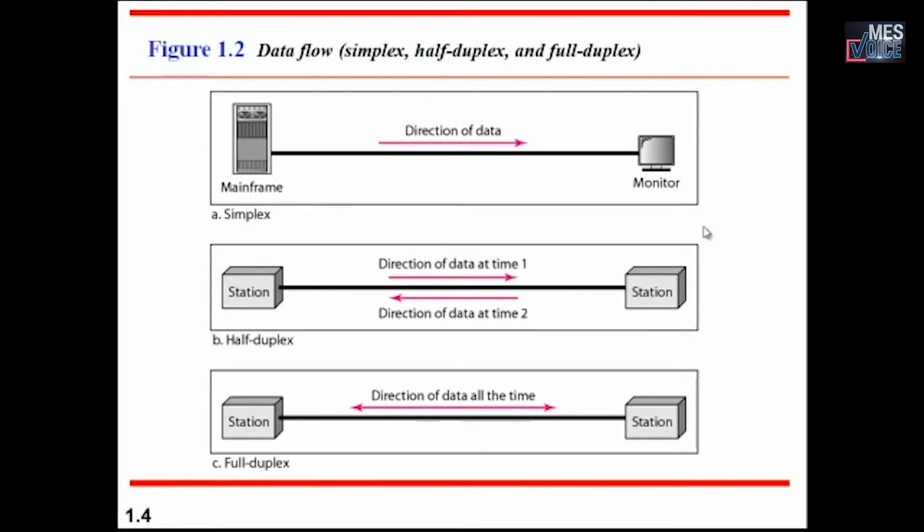So in half duplex data transmission, the data flow is possible, but at any particular point of time, the direction of data will be in one way. And in full duplex, without any restrictions, both the parties can transfer the data in either direction, as in telephone communications or video calls or such applications.